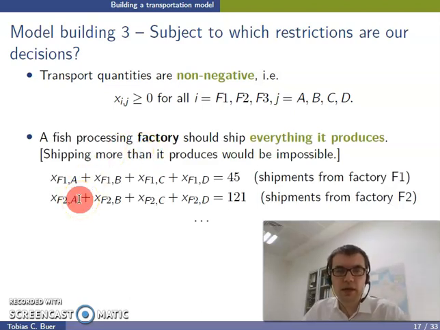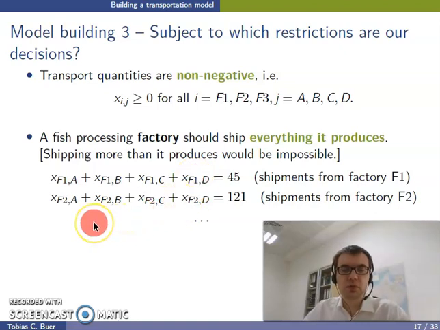Then we have to add the following constraint. A fish processing factory should only ship everything it produces. Our contracts have a percentage defined with our customers, so we sell everything that we produce.